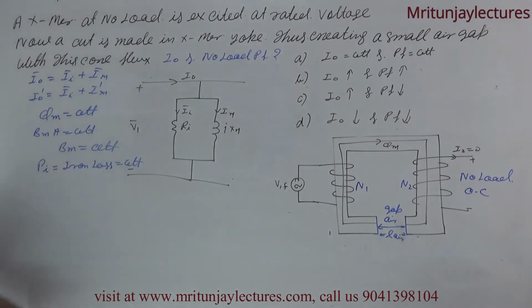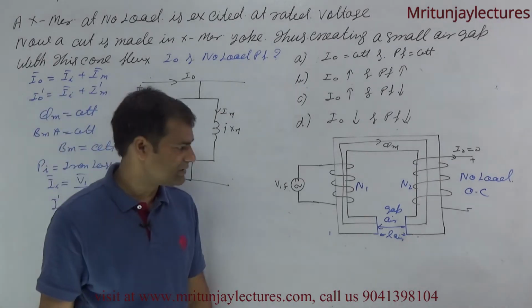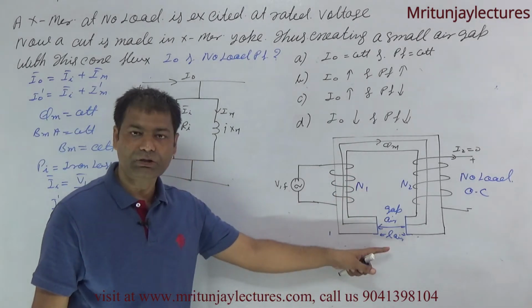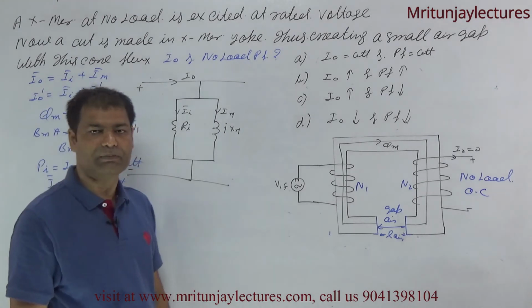If any doubt, look, Ii is equal to V1 divided by Ri. Ri is not changing, that's why that is constant in both cases. But Im is changing. Im dash is greater than Im. Im dash corresponds to cutting the yoke, and Im is if not cutting the yoke of the transformer core.